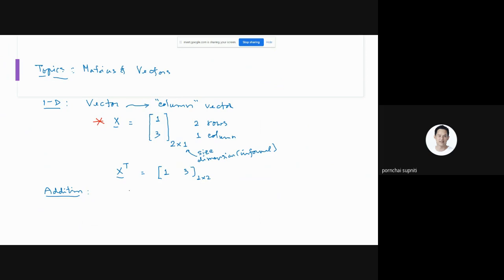For example, if you have x equal to the values x1, x2, x3, x4, and we give the y vector. Notice that when you write in your report, conference paper or journal, you always make it boldface.